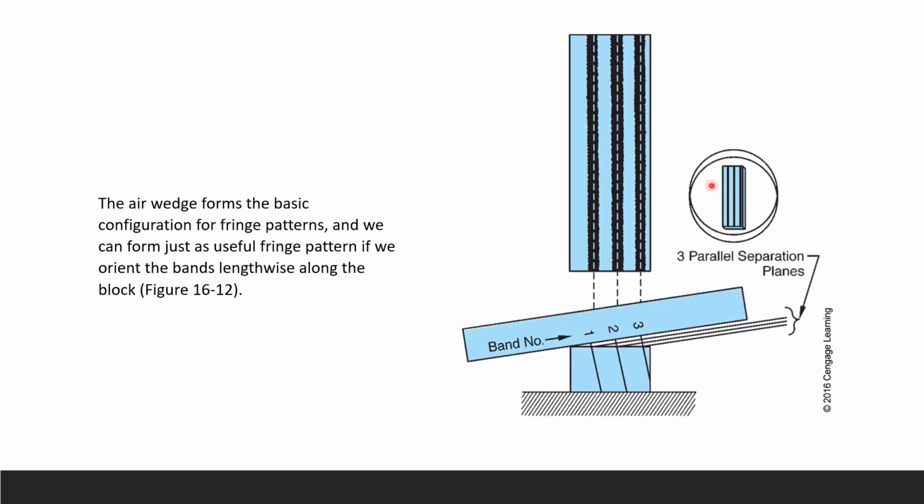The air wedge forms the basic configuration for fringe patterns, and we can form just as useful a fringe pattern if we orient the bands lengthwise along the block. Here is the block, and these are your 3 parallel separation planes, and these are your corresponding fringes that come from our air wedge.